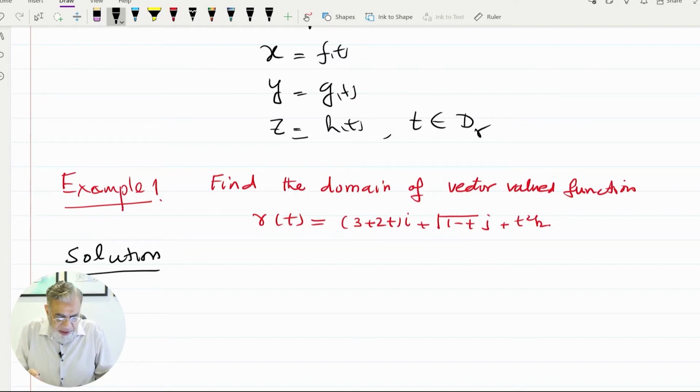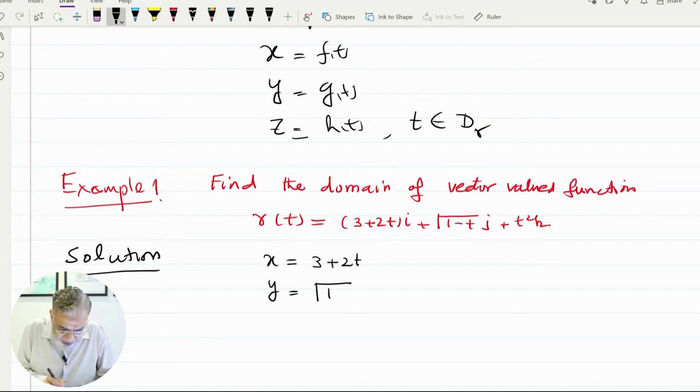Example 1, we are given the vector value function r of t equal to (3 plus 2t)i plus root of (1 minus t)j plus root of (t square)k. So we write the parametric equations of the given vector value function. We have x equal to f of t, that's 3 plus 2t. Then y is equal to root of 1 minus t.